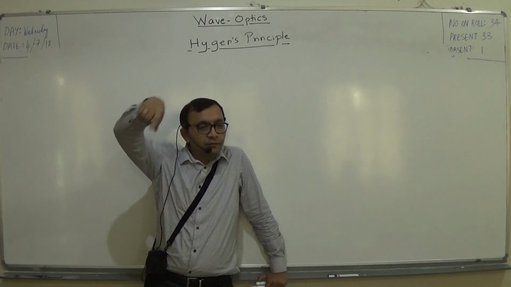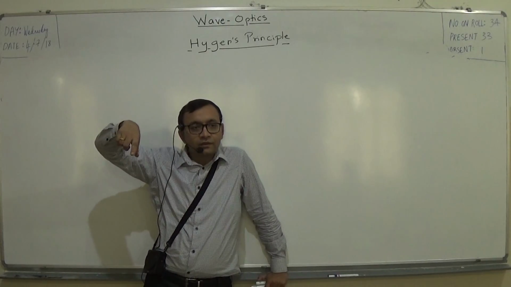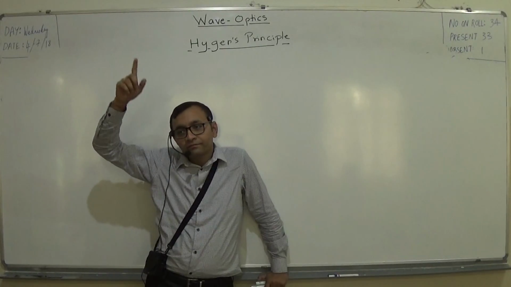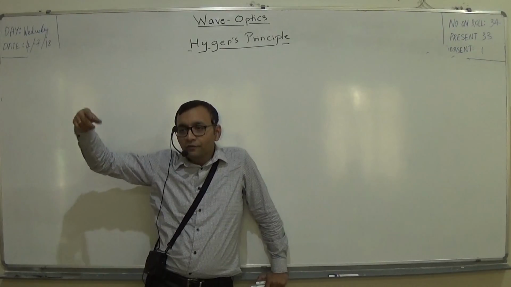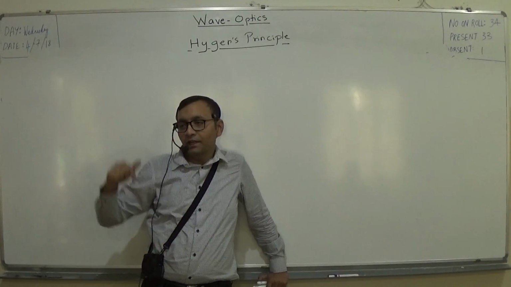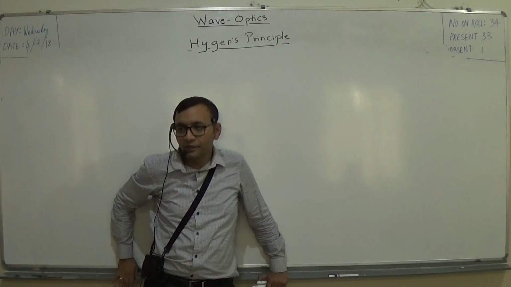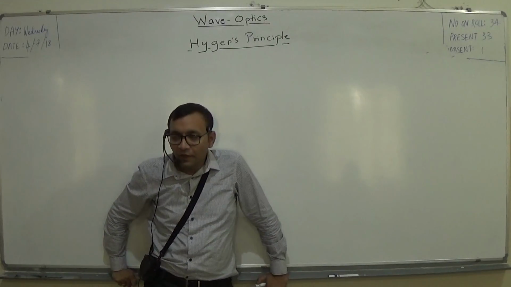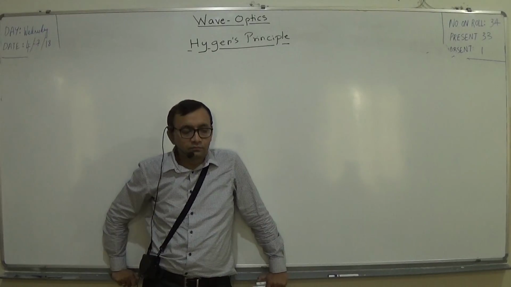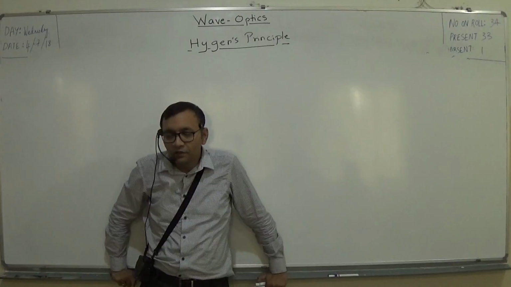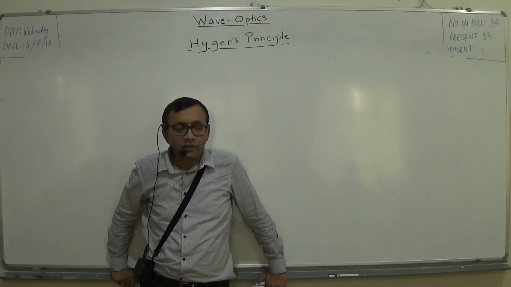You are connecting the future with the present. So F is equal to mass times acceleration. If you apply force, there will be acceleration. So you always want something which connects what is going to happen with the present condition. Huygens' is the principle which connects that. So this becomes the fundamental theorem, so to say, for this chapter. So we need to understand it properly.